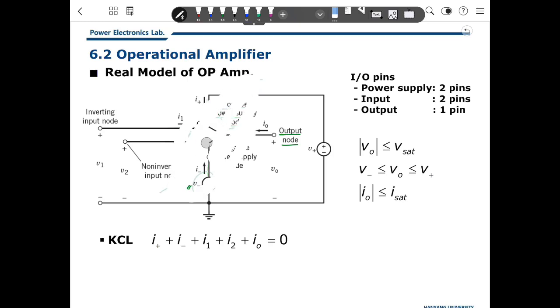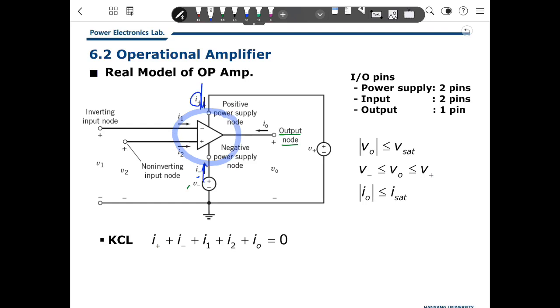So this is a real electric circuit. If you write KCL at this point, what's the meaning? The supply current I plus and supply current I minus, input currents I1 and I2, and the output current, because there are 5 pins. The sum of all currents should be 0.